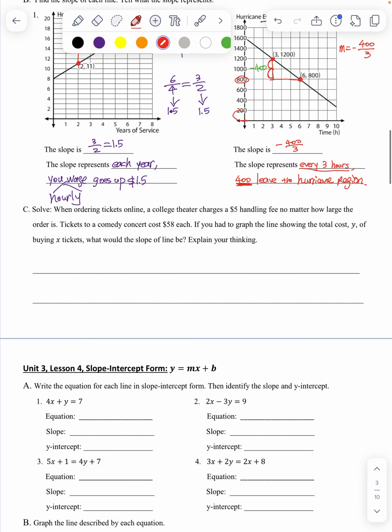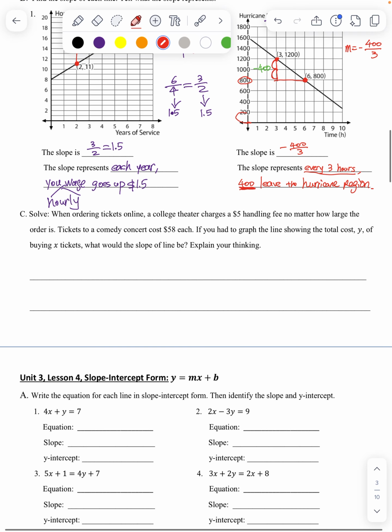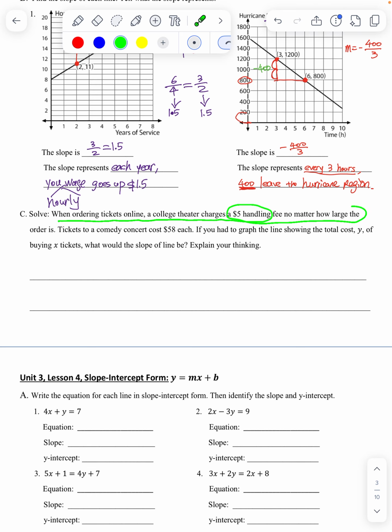So part C, solve. Oh, this is a word question. Okay, when ordering tickets online, a college theater charges a $5 handling fee, no matter how large the order is. Okay, $5 handling fee, that's the one-time thing. So a ticket to a comedy concert costs $58 each.